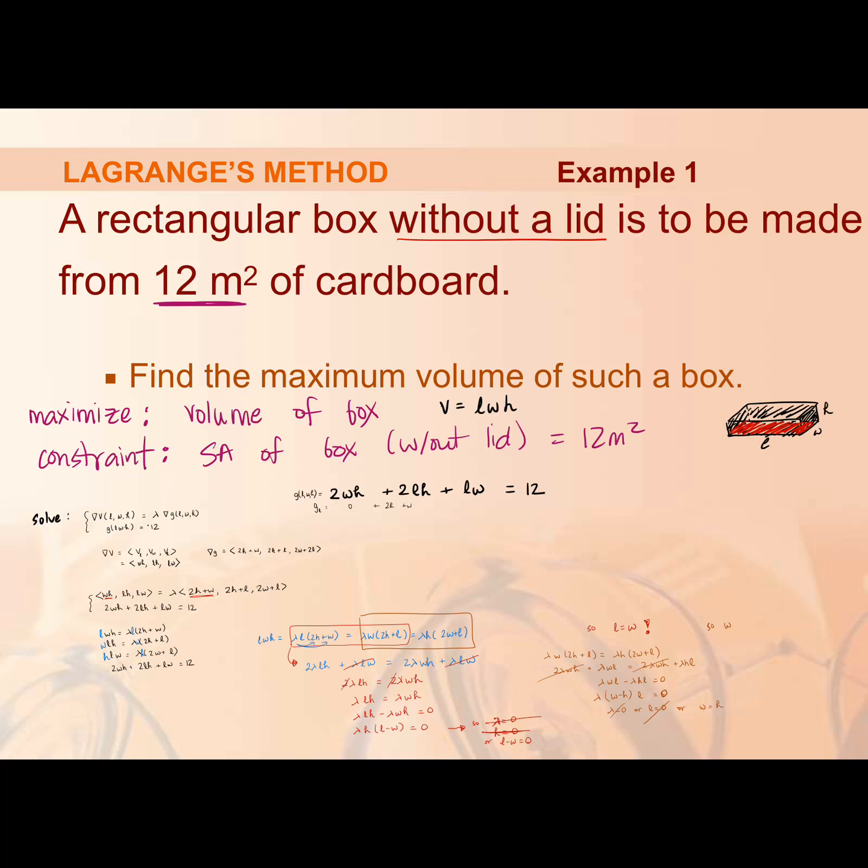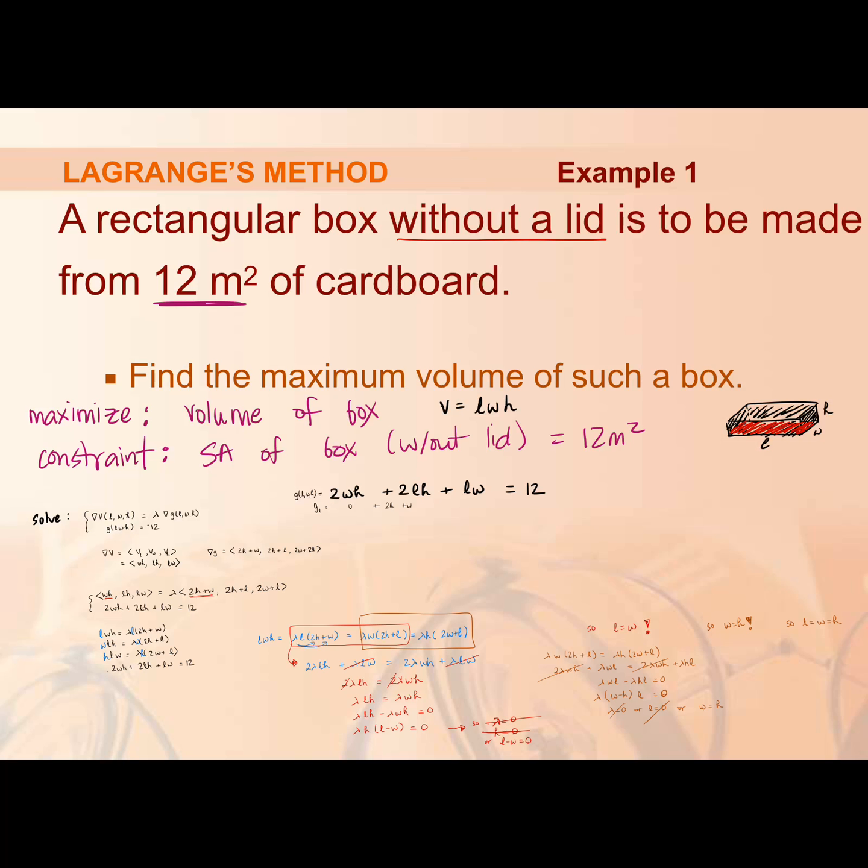So if W is equal to H, that means that we've got L is equal to W is equal to H. Let me see here. This doesn't seem right.